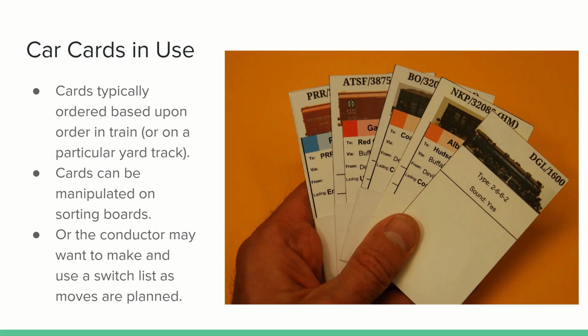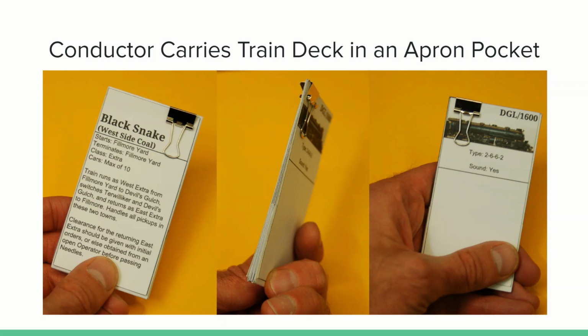So here they are in use. You typically would order them based upon the order in a train or the way they're lined up on a yard track. I have little sorting boards that you can lay these car cards out on if you're a yard crew, or if you're switching in an industrial area or a local town. Alternatively, conductors can make up switch lists and then plan your moves based upon the switch lists.